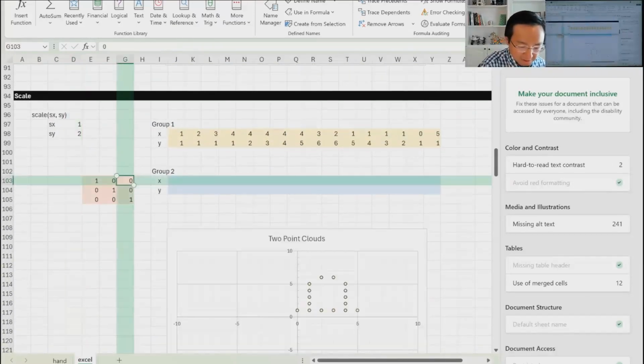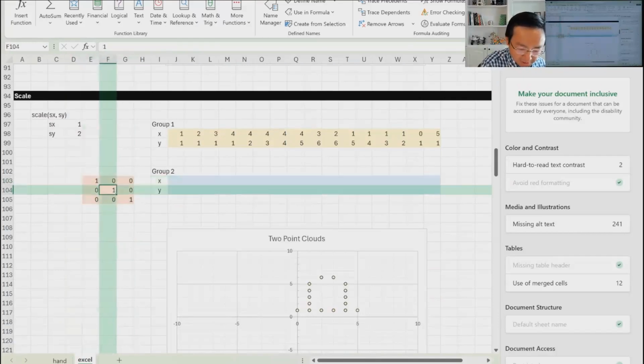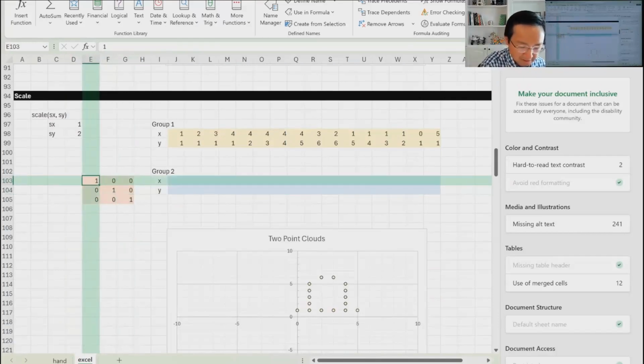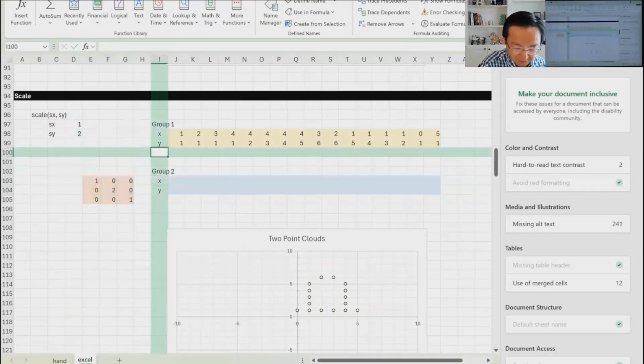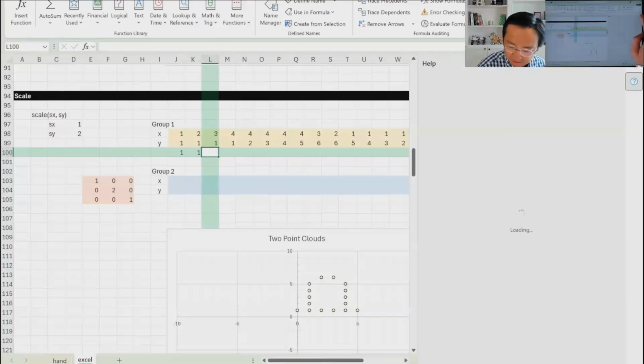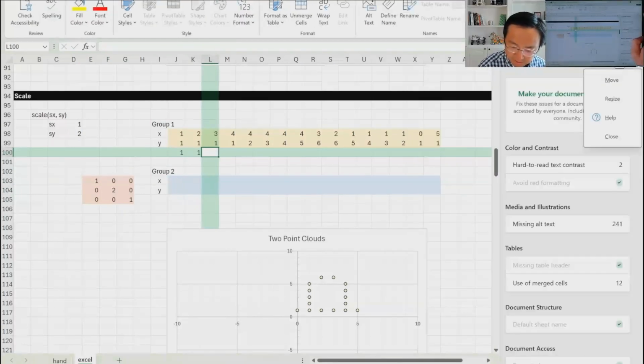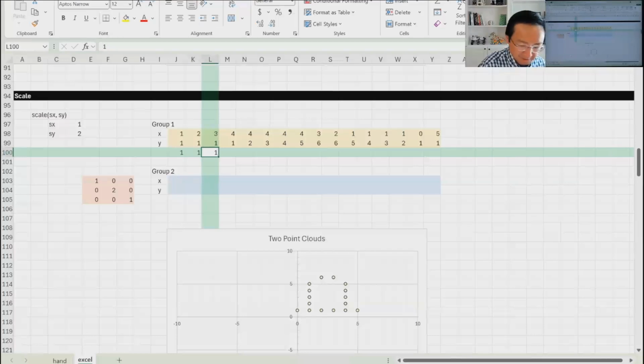Now we're going to do scale. We're going to parameterize these two locations as s sub x and s sub y. So we're going to set this to s sub x, set this to s sub y. Once you do that, I could multiply them, but before I do that, I have to set everything to 1. I add a little extra 1 here.